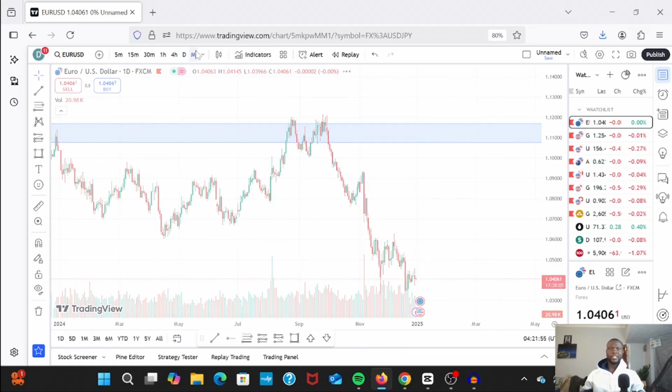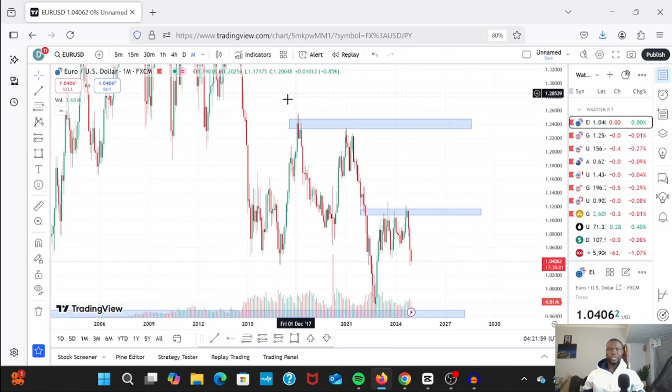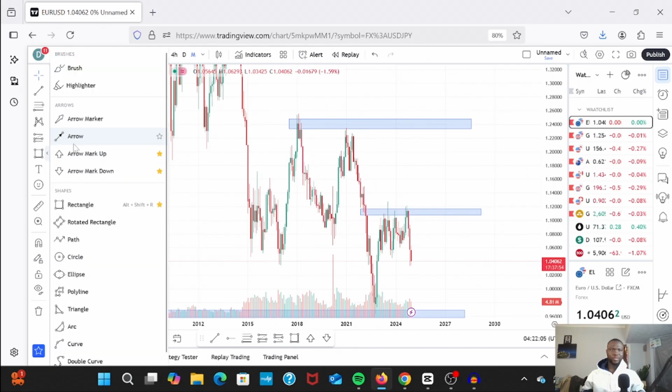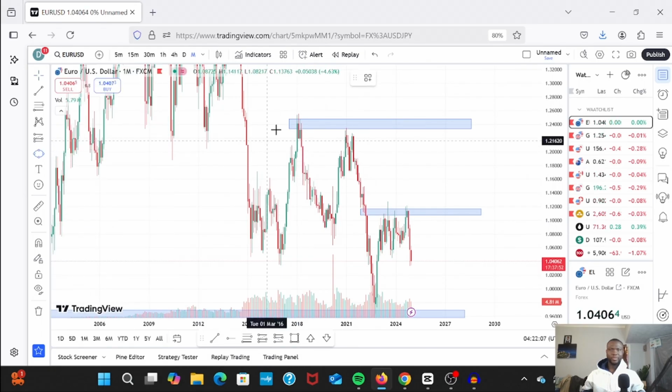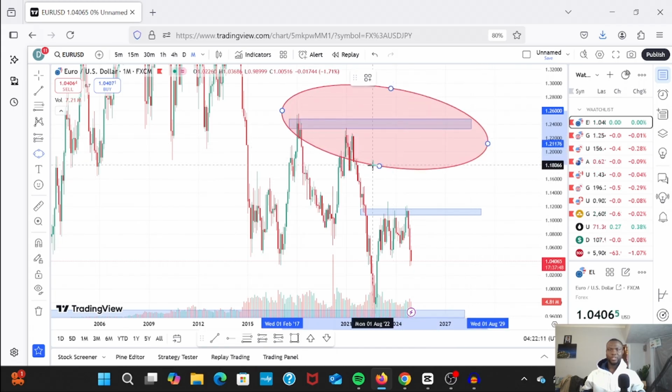So I don't need to bother myself with the monthly charts, or with these spots here, because for now we don't have anything to do with this side of the market.